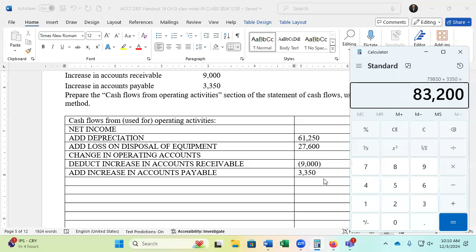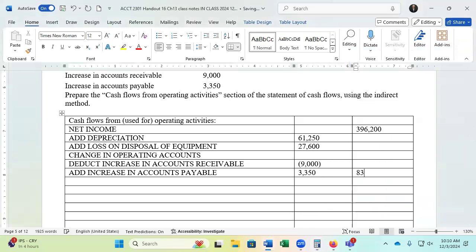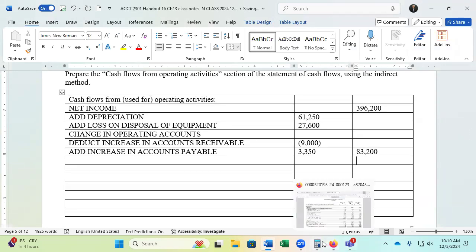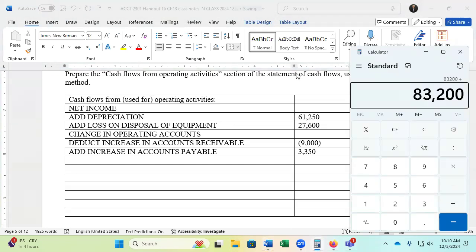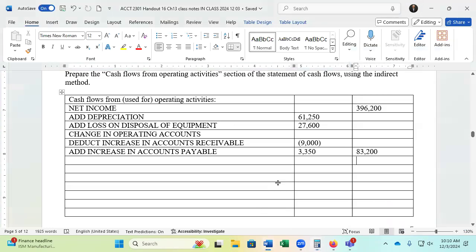And I get 83,200. And so I add the 396 and the 83,200, and I get 479,400.